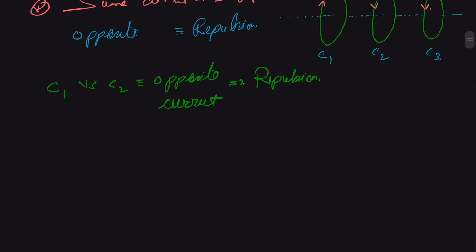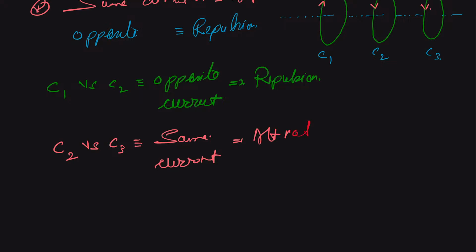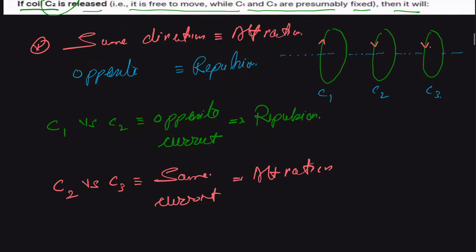And for C2 and C3, the current is in the same direction, so this is going to result in attraction. Only C2 is free to move, so C1 is going to repel and C3 is going to attract.